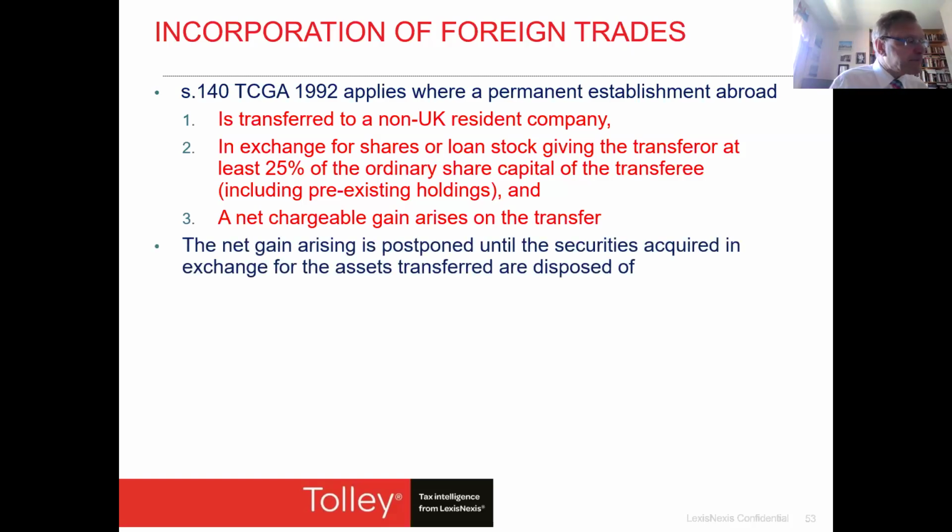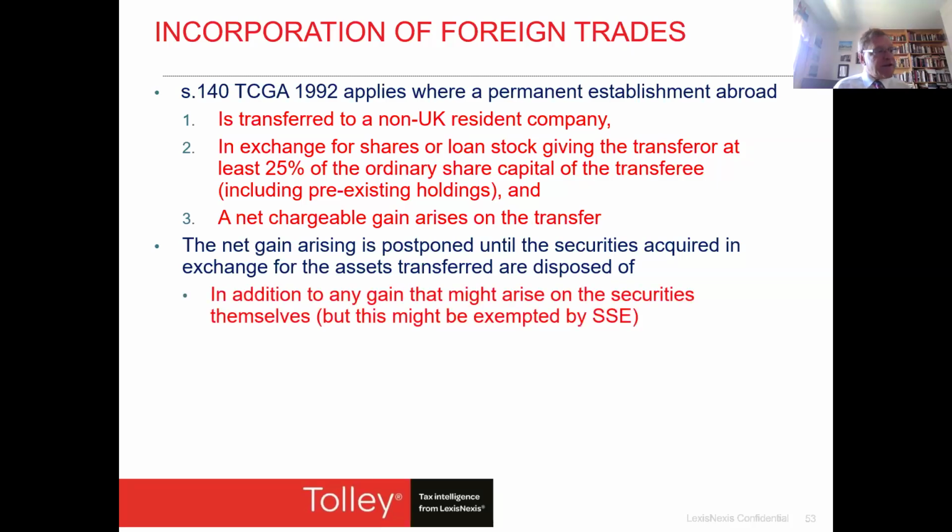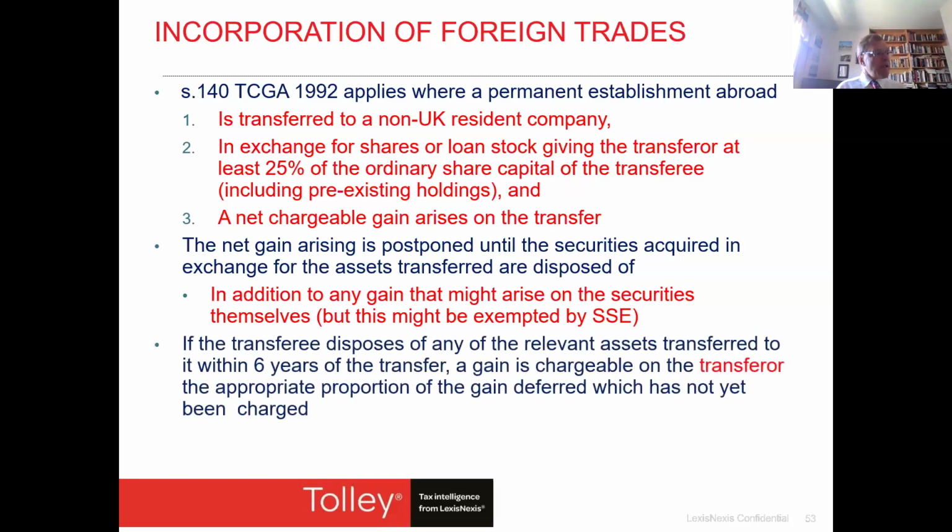The net gain arising is postponed until the securities acquired in exchange for the assets are disposed of, in addition to any gain that might arise on the securities themselves, but this might be exempted by the substantial shareholder exemption.